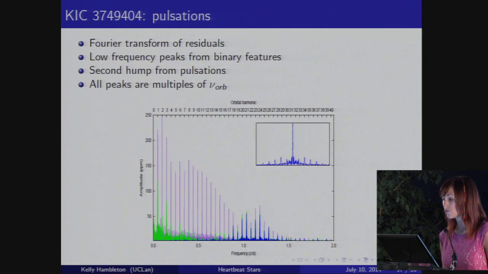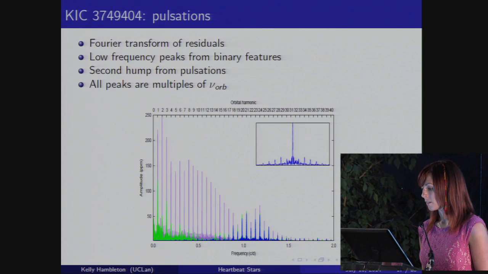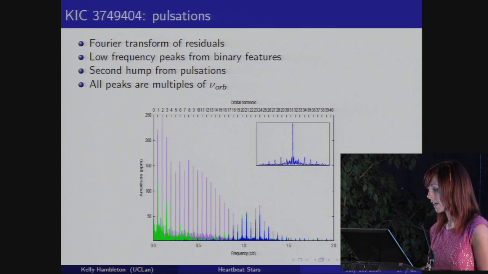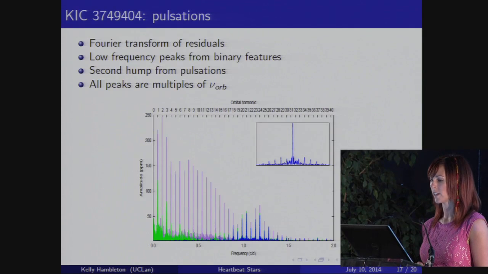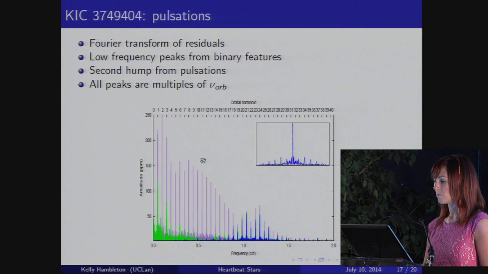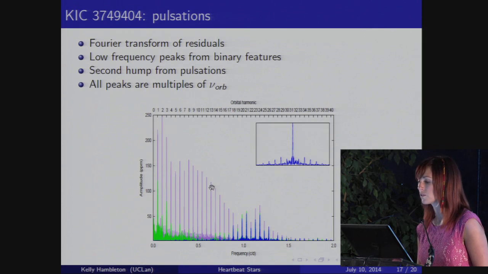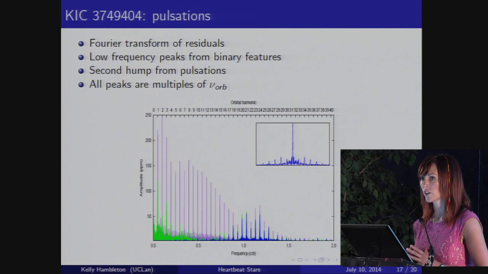So this is a Fourier transform of this object. This time the pulsations are highlighted in blue here. This is the kind of Fourier transform that's a lot more similar to what we see in most of the objects with tidally induced pulsations. You have this power peak that is due to the orbital characteristics. The purple is the complete Fourier transform.